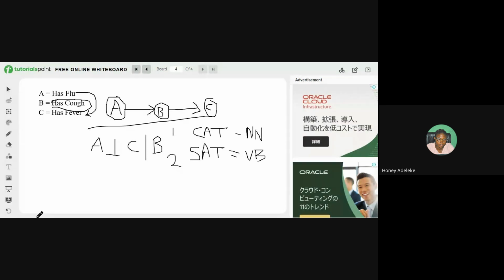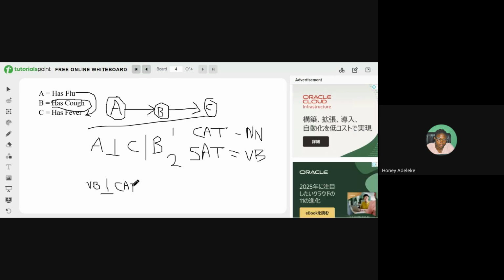So the example that we have here is that tag 2, which is verb, will be conditionally independent of word 1, which is cat, not really having anything to do with it, given noun.